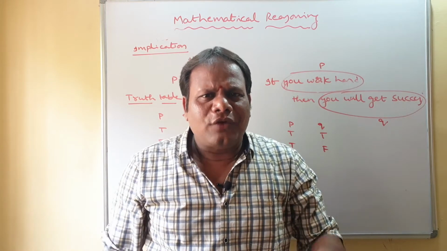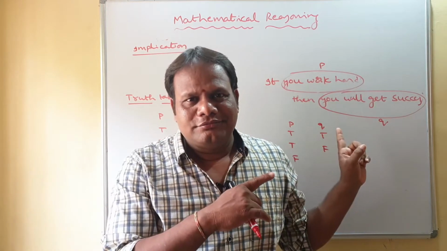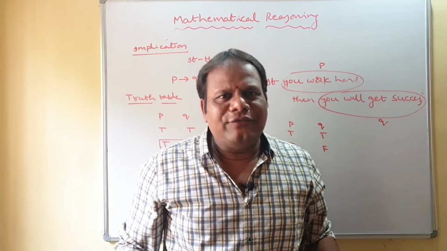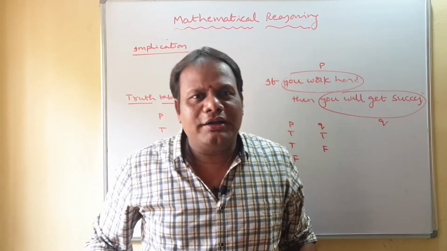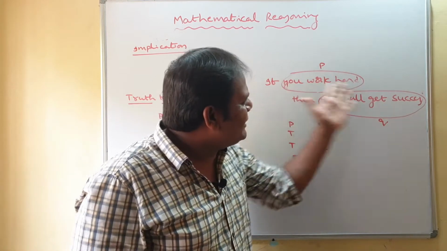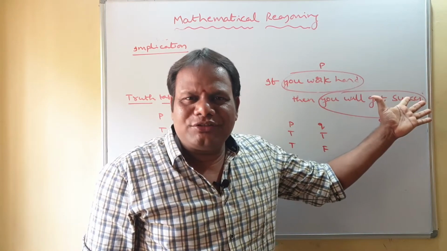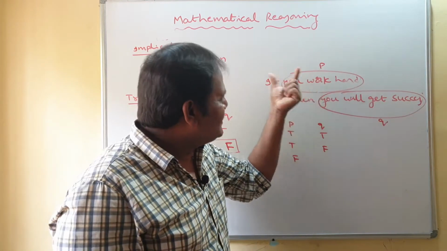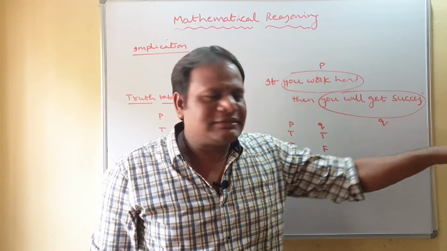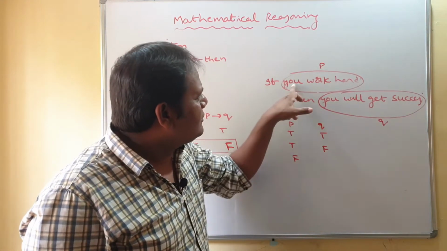But if you don't do any work, or if you don't work hard, then what happens? Who knows? They didn't give any information about that. Is it right? They have given that if you work hard, then you get success. But here I have taken P as false.